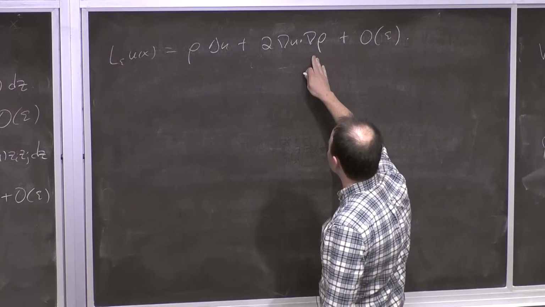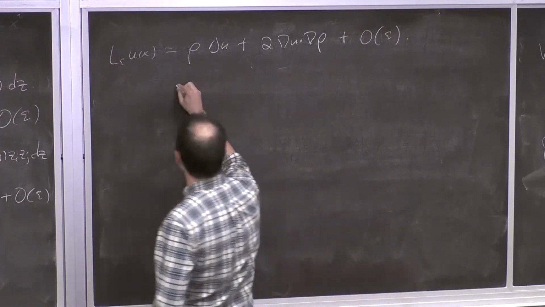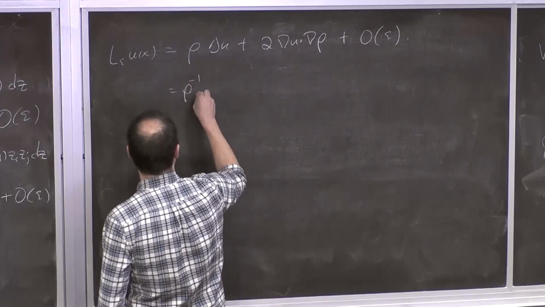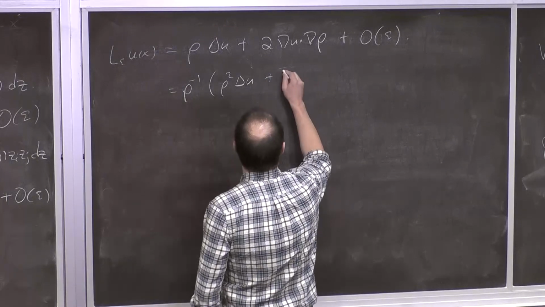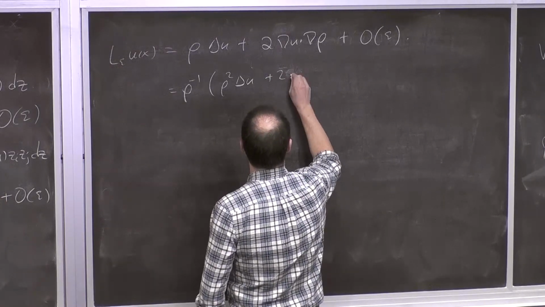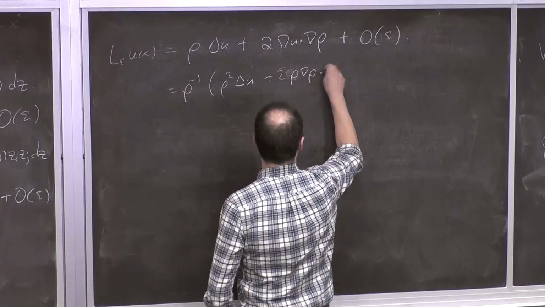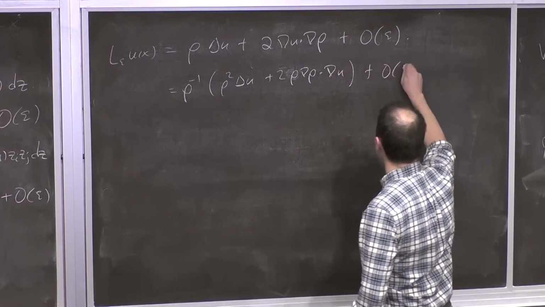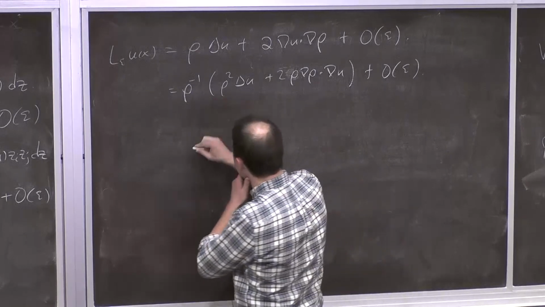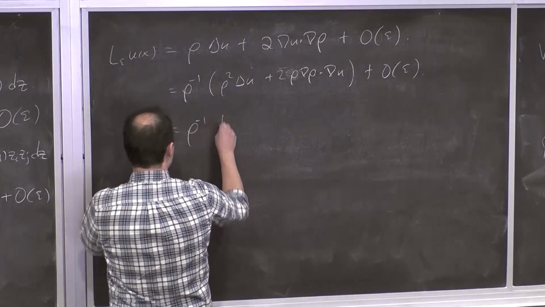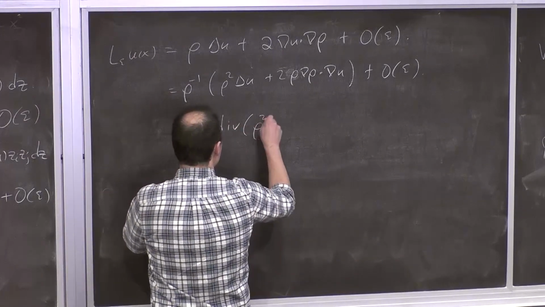And now here, what do you do? So let's write this as rho inverse times rho squared Laplace u plus 2 rho grad rho dot grad u. And this thing here is just exactly divergence of rho squared grad u.